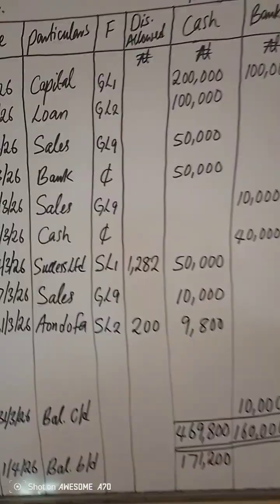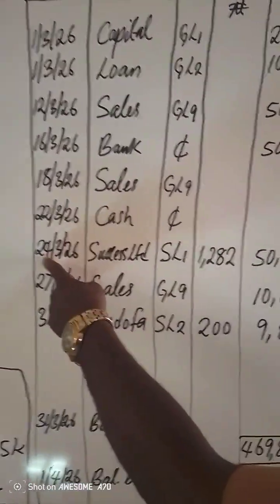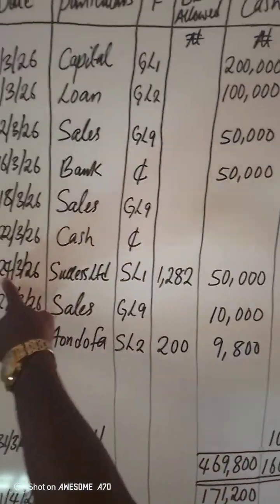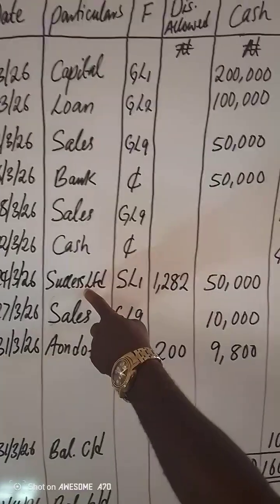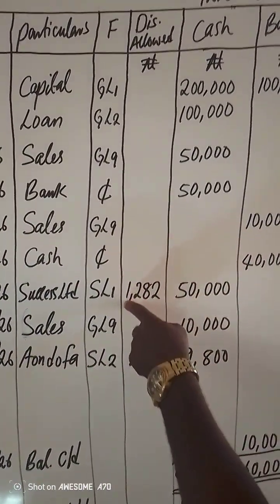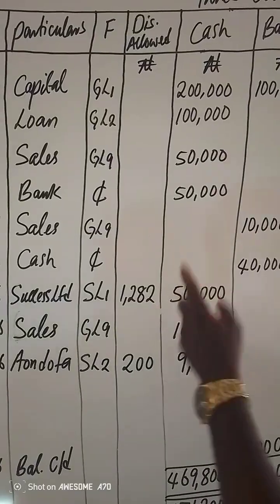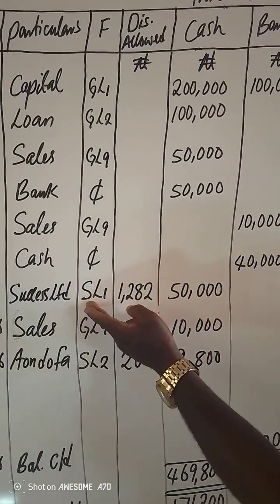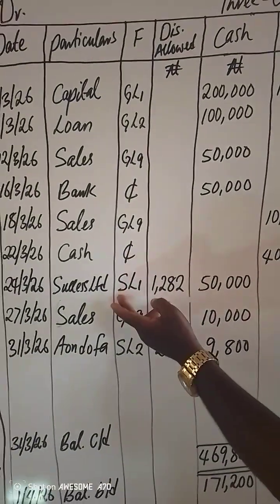We are receiving. So on this fateful day, 24th of March, the business is receiving from customers how much? 50,000. And the discount is 1,282. Mind you, look at the folio. The folio here is sales ledger 1.